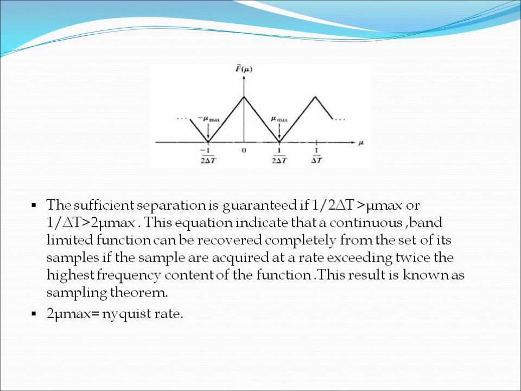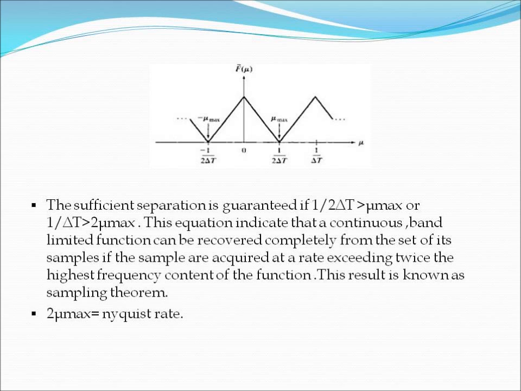Sufficient separation is guaranteed if 1 upon 2 delta t is greater than the maximum frequency. This equation indicates that a continuous band-limited function can be recovered completely from the set of its samples if the samples are acquired at a rate exceeding twice the highest frequency content of the function. This result is known as the sampling theorem.